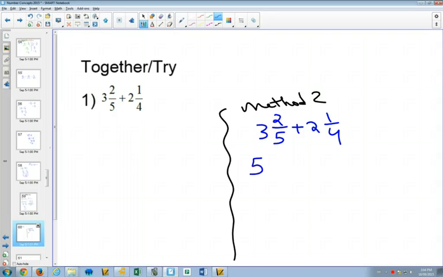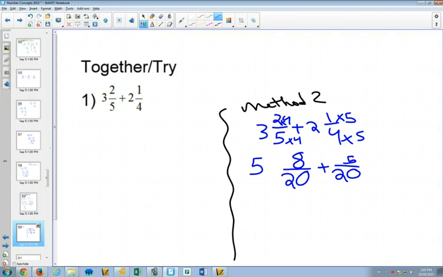Then you have 5 times 4 is 20. So you have to times the 1 over here by 5 and this by 4. So that would be 8 over 5.